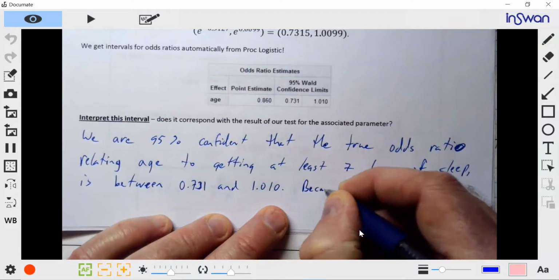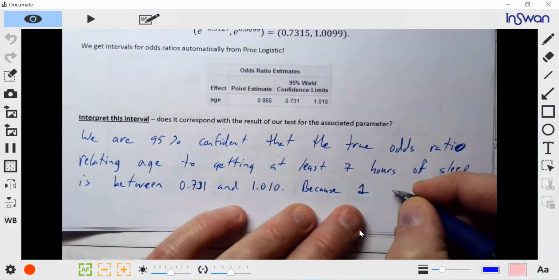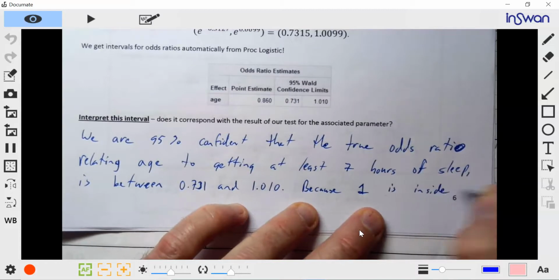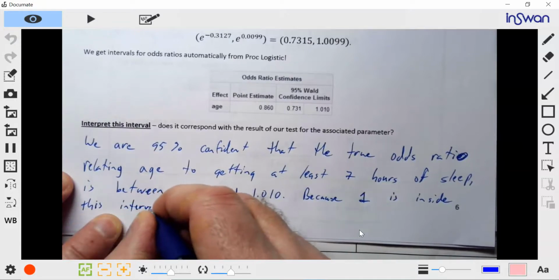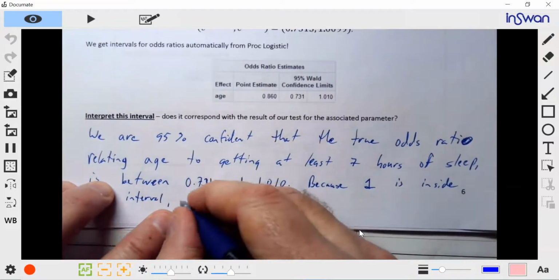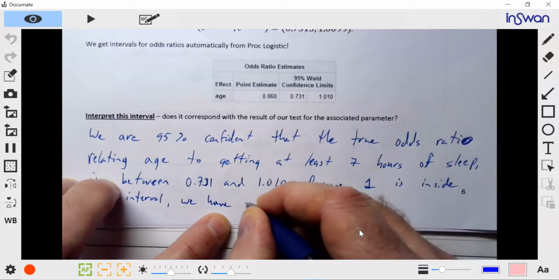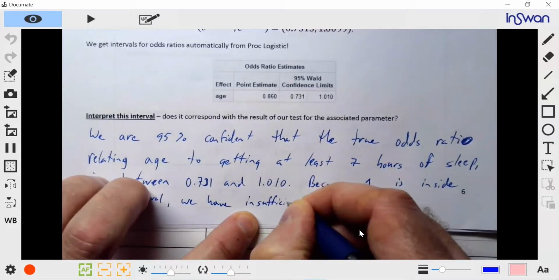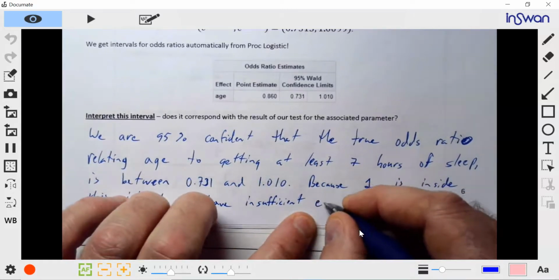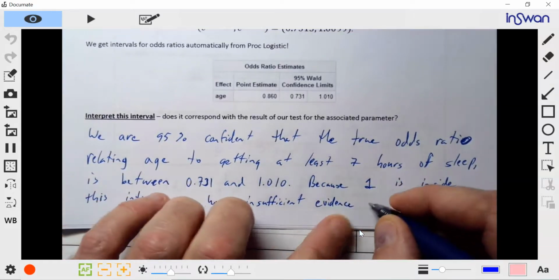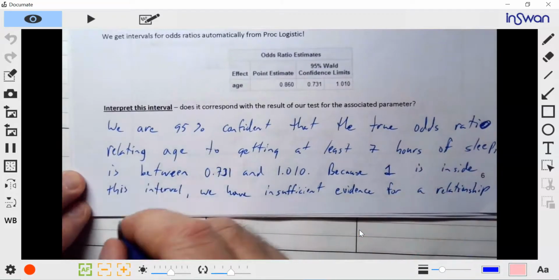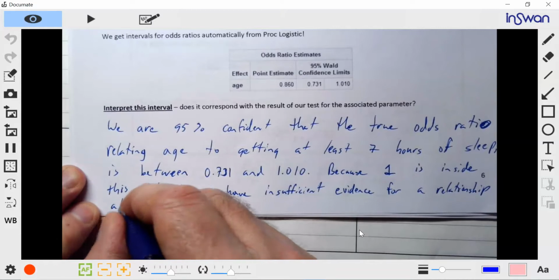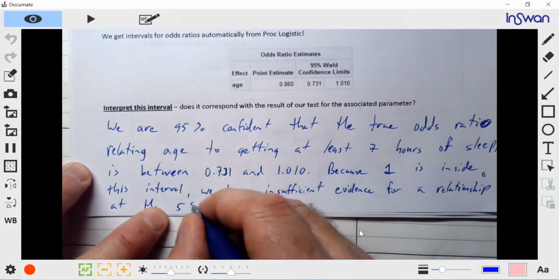So because 1 is inside this interval, we have insufficient evidence for a relationship at the 5% significance level.